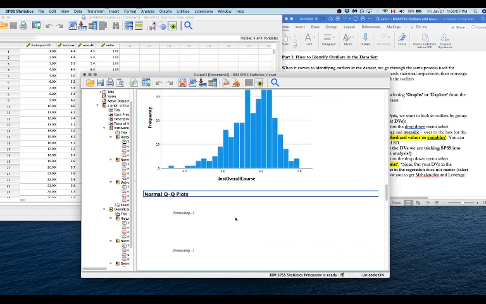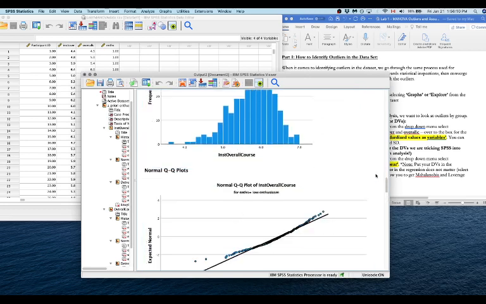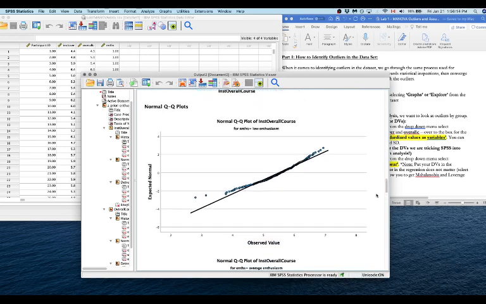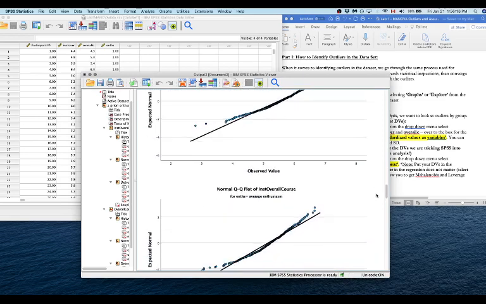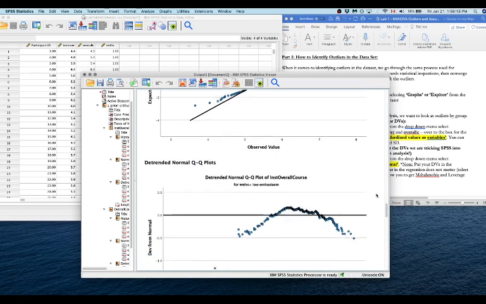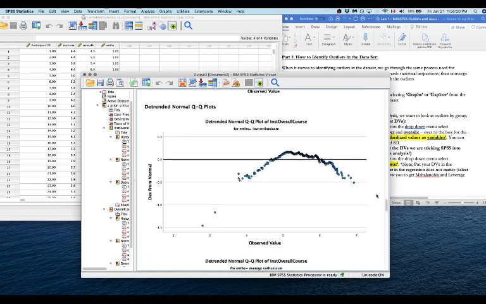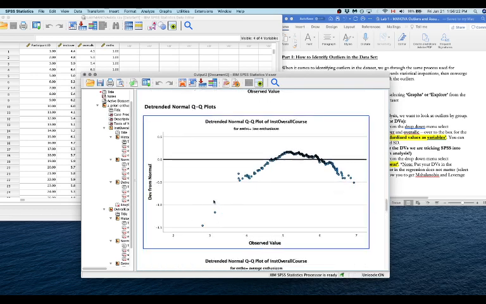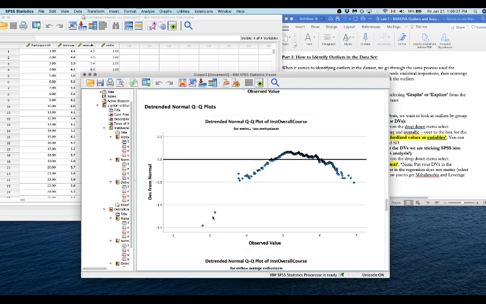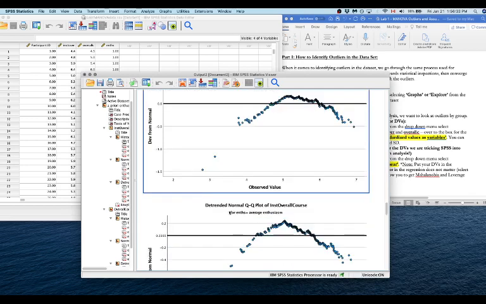Then if we look at these QQ plots, my personal preference is I don't like looking at the normal QQ plots. I like looking at the detrended because I think it's easier. And again, we can see those initial 2 outliers that the histogram suggested.